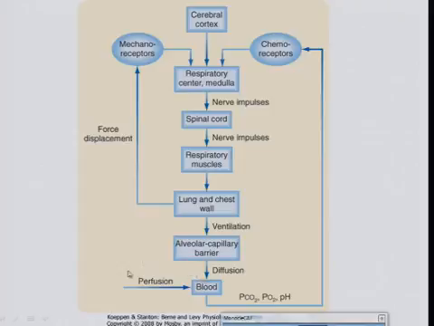There are chemoreceptors associated with the blood flow and these oxygen and CO2 levels that also feed back as chemoreceptors and help to regulate these nerve impulses to say, how much inspiration do we need? How often do we need to inspire? So that all controls our inspiratory and expiratory efforts. So this just gives you the bigger picture of these feedback loops. We're going to talk about them much more specifically in later lectures.